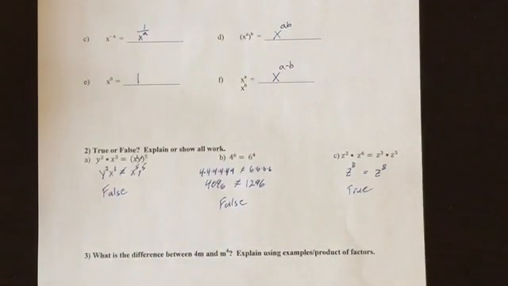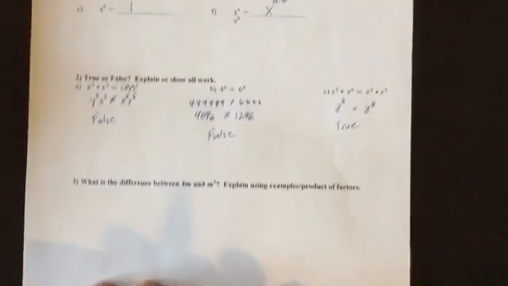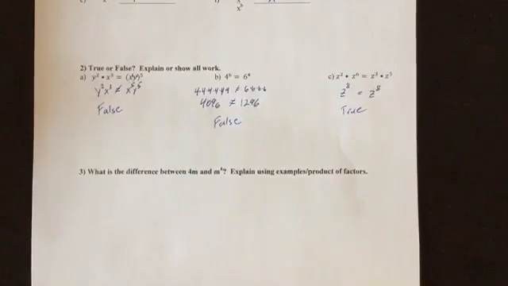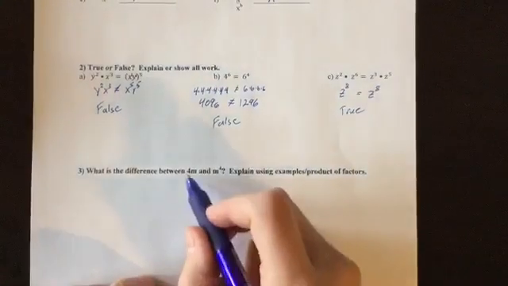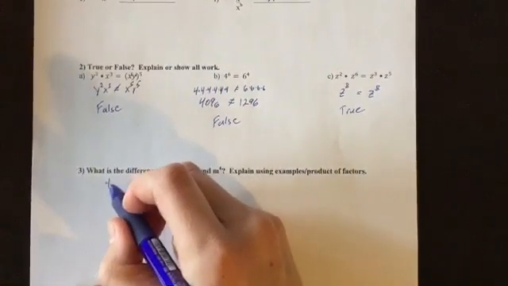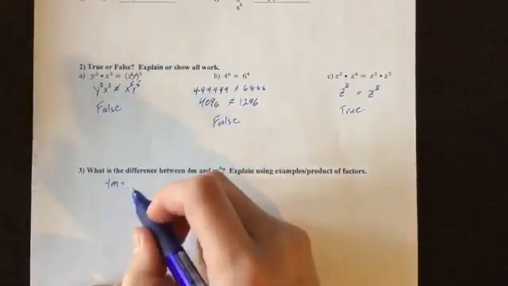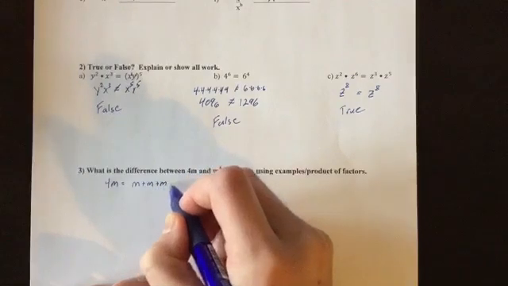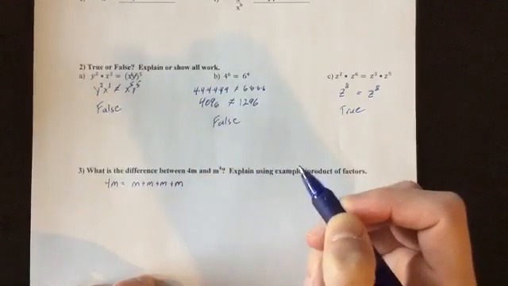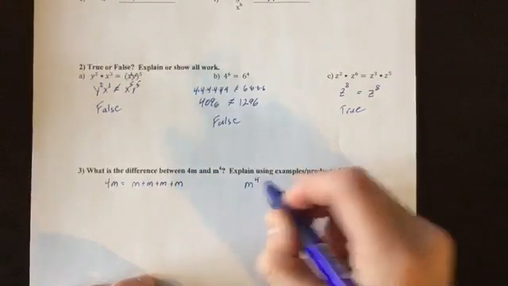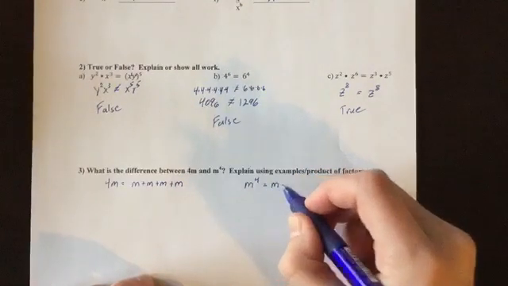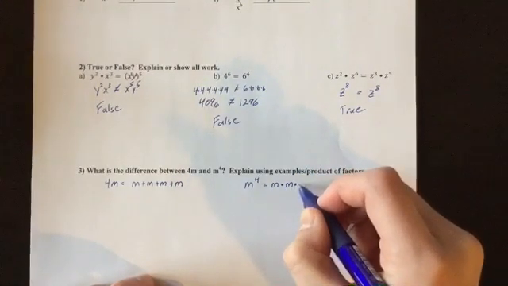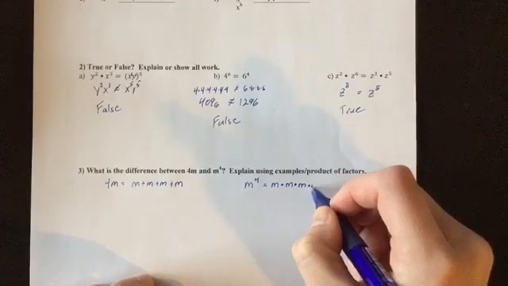Okay. Number 3, what is the difference between 4m and m to the 4th? Explain using examples, product of factors, right? So I'm going to show really product of factors here. Our 4m really means 4 times m, or that we're adding 4 m's together, where m to the 4th means m times m times m times m.